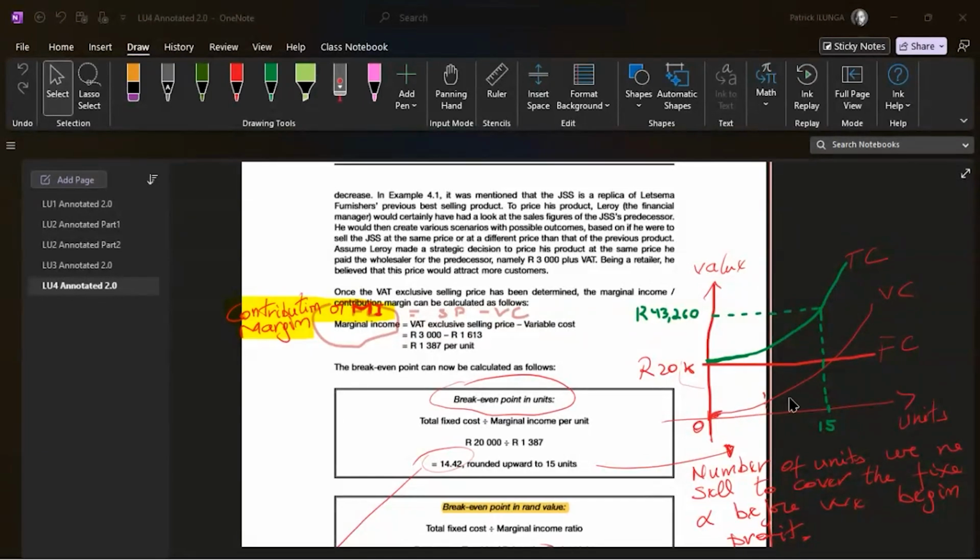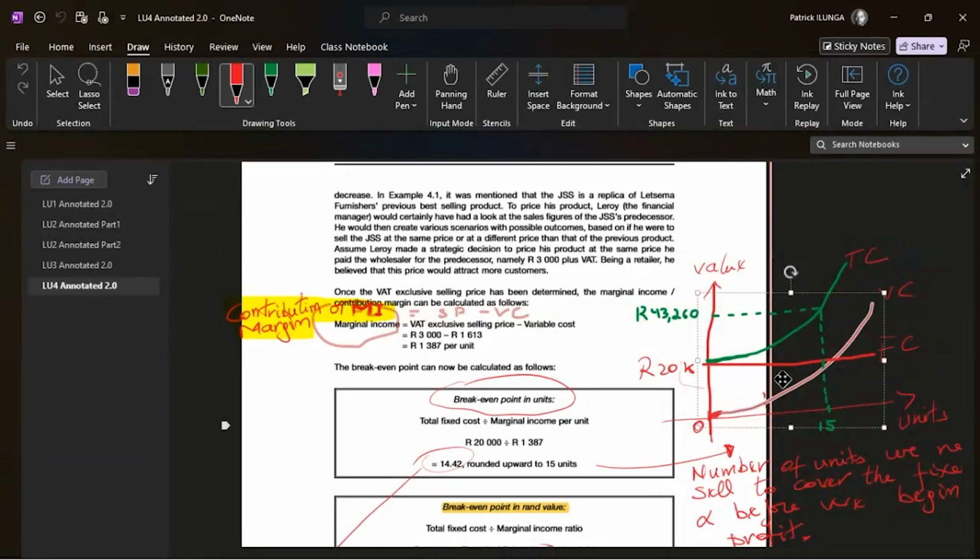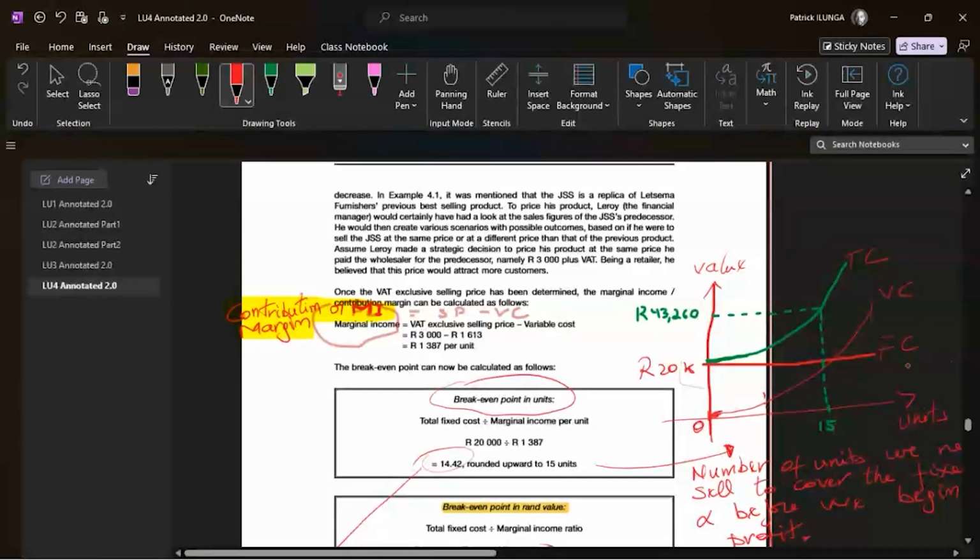That's why this curve grows up here. Let me show you here. This one grows to this because you take this, you add onto the fixed cost, then it gives you the total cost. So I'm sure all of you understand this.